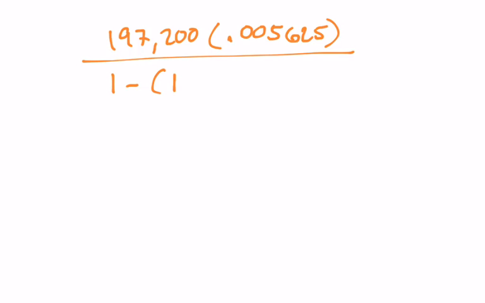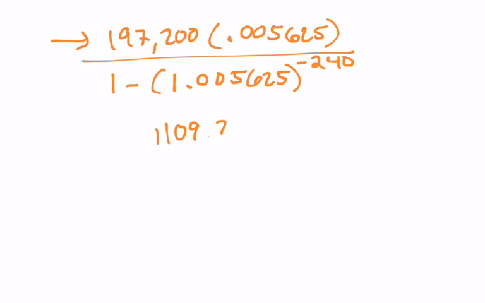Okay, and then the bottom parentheses is 1.005625, and the exponent is negative 240. Okay, the top number, this one did work out nicely as well. That's 1109.25, and then I think from there you can't really simplify the denominator anymore.